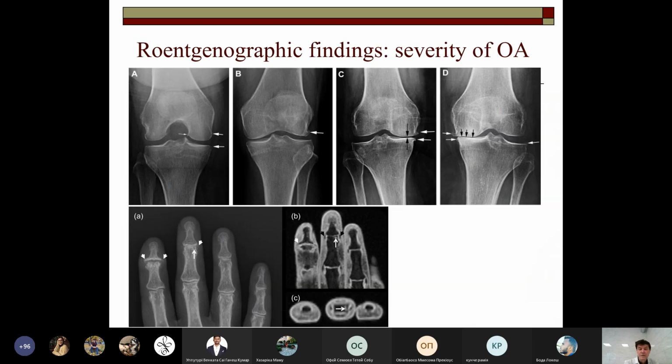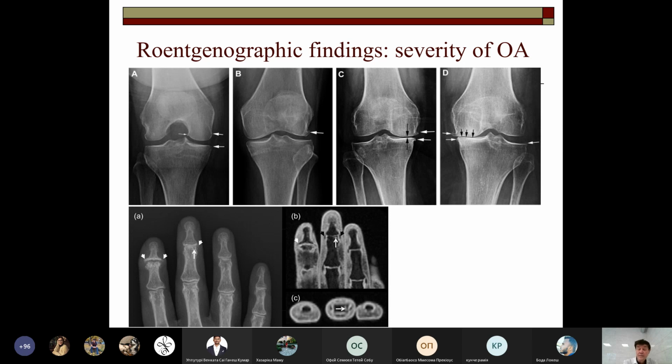On the next slide, you can see a good example of real X-ray findings reflecting the severity of osteoarthritis. The arrows indicate the specific findings that come from the X-ray. In figure A we can see subchondral osteosclerosis, subchondral osteoporosis, and osteophytosis, which apply to stage A to B, the early to moderate stage.